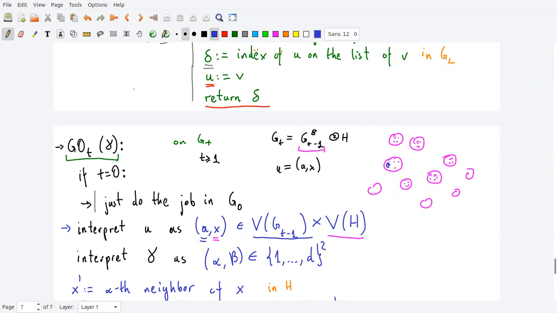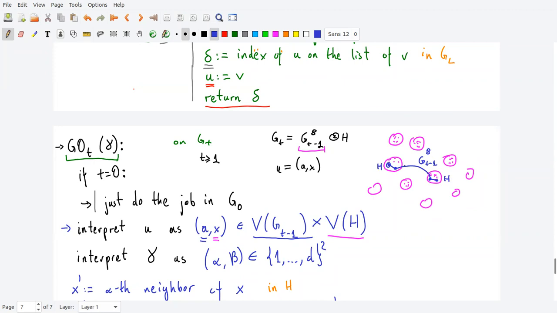An edge arises by making one step in a copy of H, then one step in the graph GT minus 1 to the power 8, and then one step in another cloud of H.